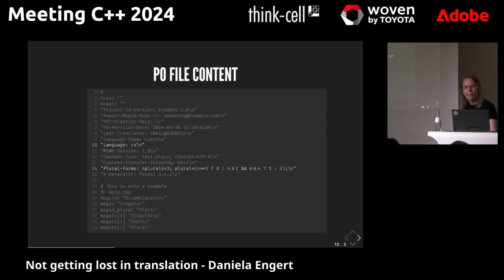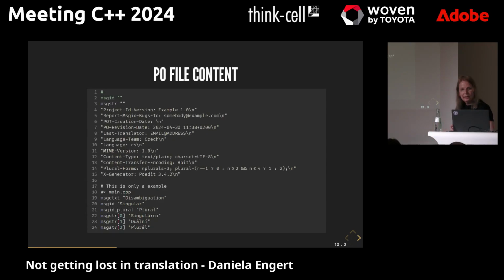We are probably accustomed to a language of Indo-European descent, so you have a singular form and a plural form, but other languages may have a different opinion on how we express multiple things. And the Czech language has one singular, a dual, and a plural form. So we have to support that.